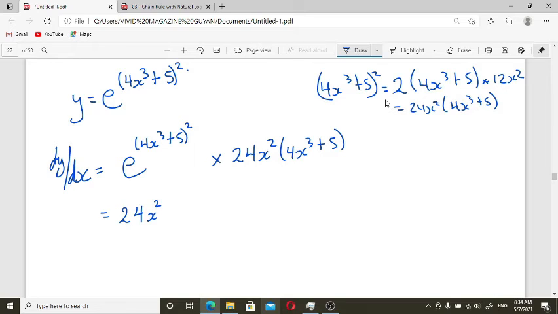So you have 24x squared, that's here. You write your e with your power, and then you write your bracket.